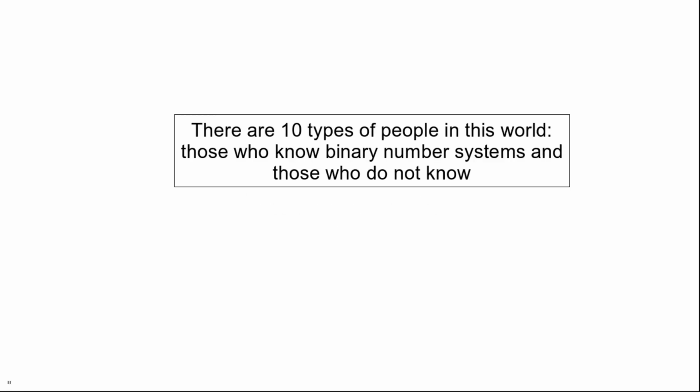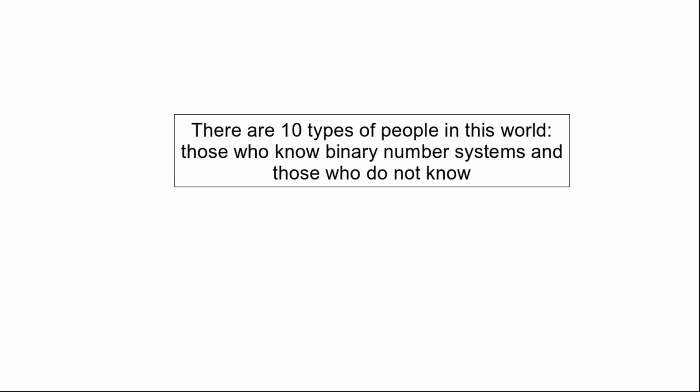So I would like to start with one joke which goes like this. There are 10 types of people in this world: those who know binary number systems and those who do not know.